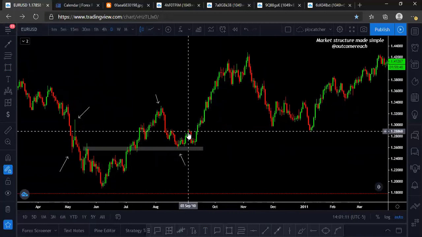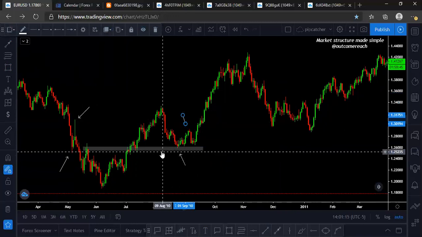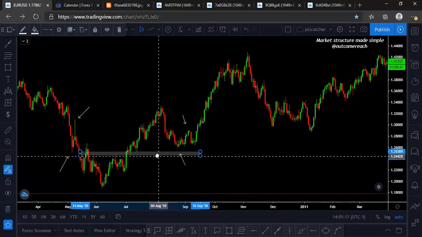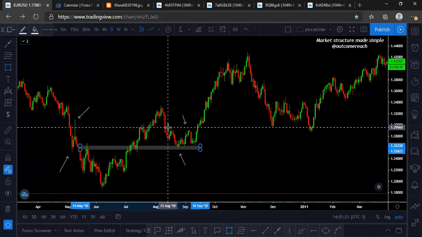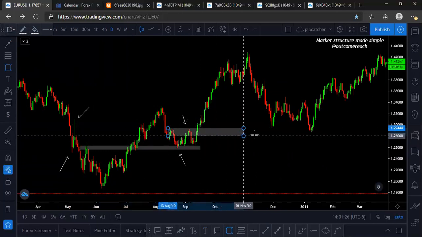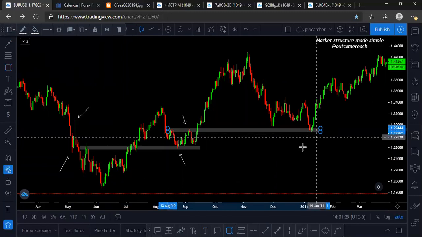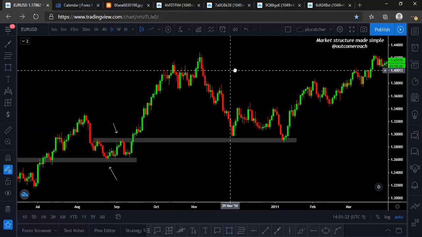Now we have this high. So I'll just make a new box, and this low again, structure broke to the upside, and now we have the market retesting right here.